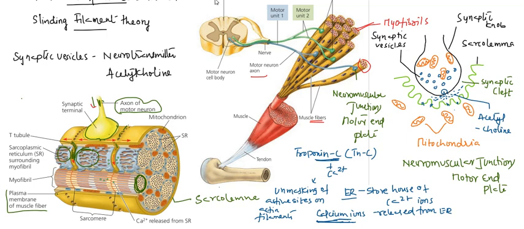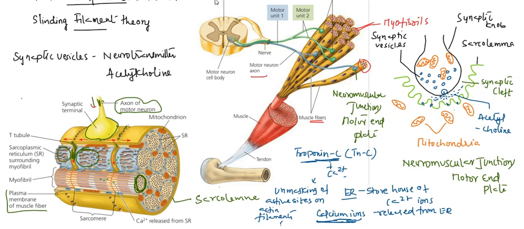So here, when the action potentials finally reach the sarcoplasmic reticulum, the sarcoplasmic reticulum releases the calcium ions. Those calcium ions go and bind with the troponin C. Binding of calcium ions with the troponin C will result in unmasking the active sites on actin filaments.